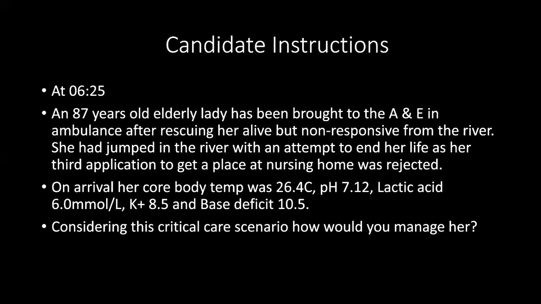Suppose all the measures that you're doing fail and you do not manage the patient on time. What are the complications that can result because of the patient's hypothermia? Lots of complications occur. In the cardiac system, decreased cardiac output, cardiac arrhythmia, ventricular fibrillation. In the respiratory system, increased pulmonary ventricular ratio, decreased ventilatory effort.